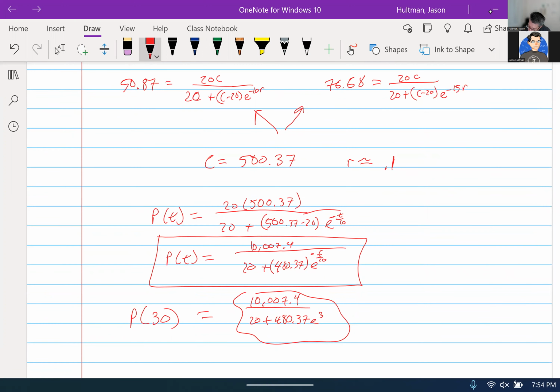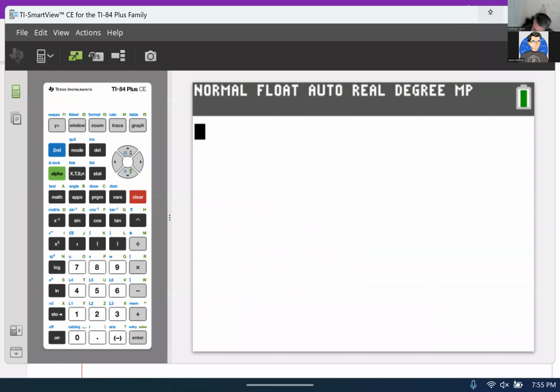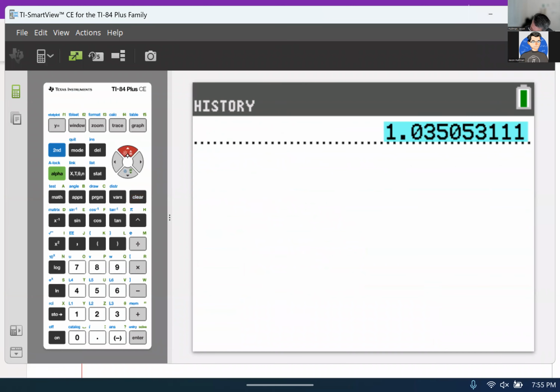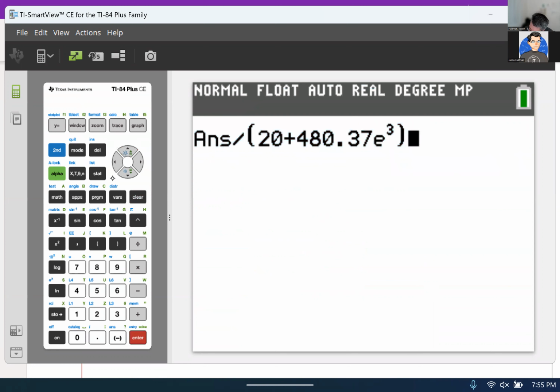Let's go back and make sure that's a negative. Sorry about that. And then put in the negative 3.